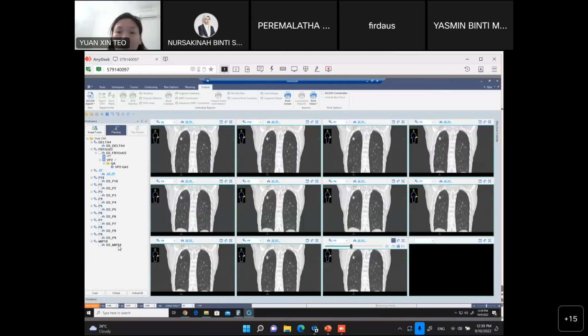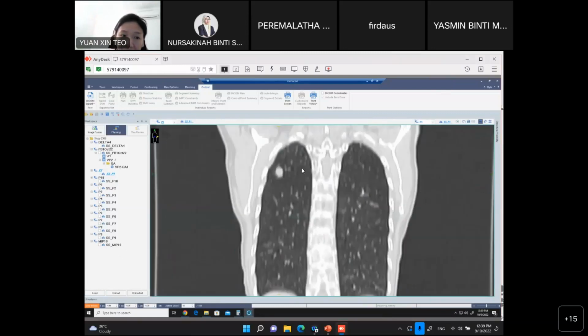I will play this average CT image from inhale to exhale for one cycle.